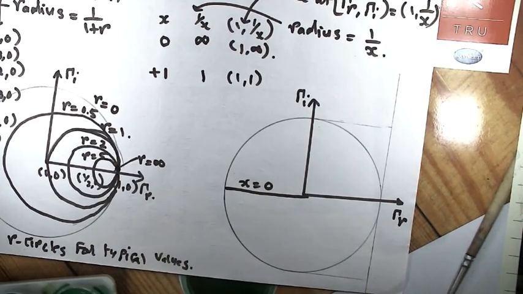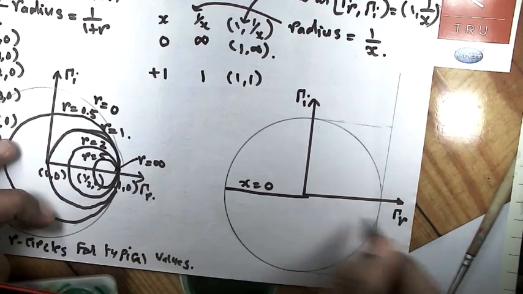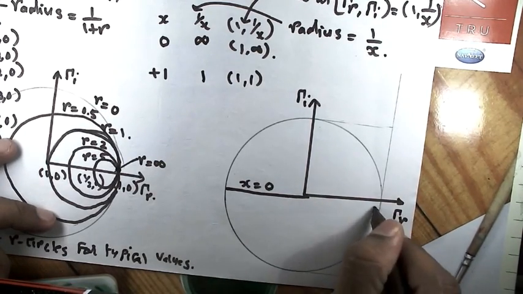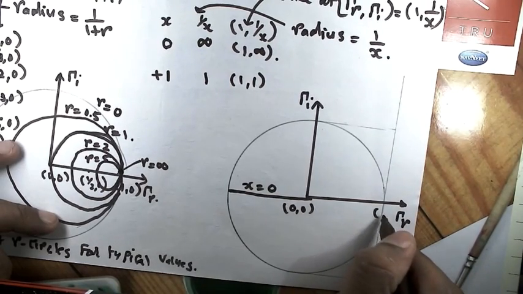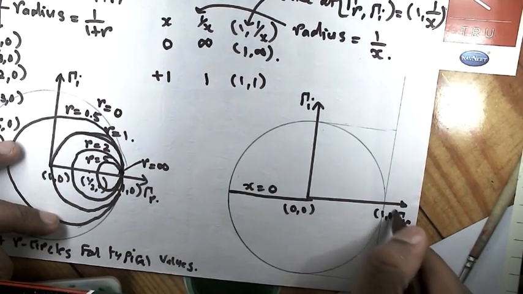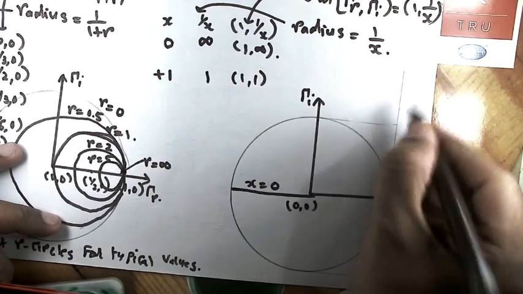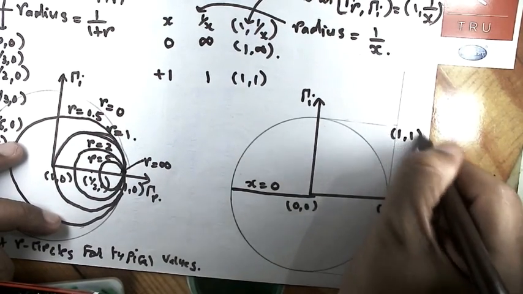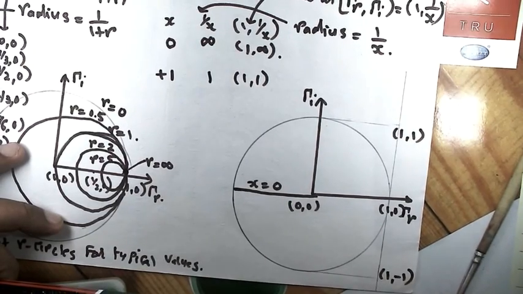If I draw, this point is the (0, 0) point. Here the point is (1, 0), and as I have extended this, I now have the point (1, 1), and this one is (1, -1).